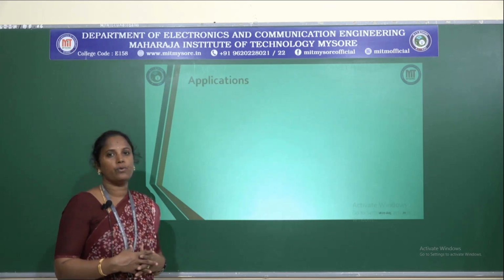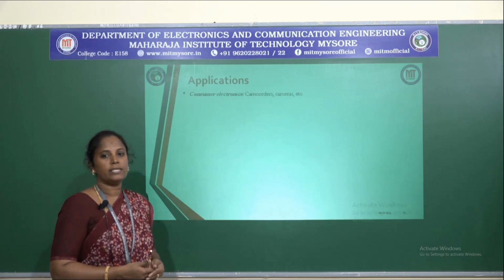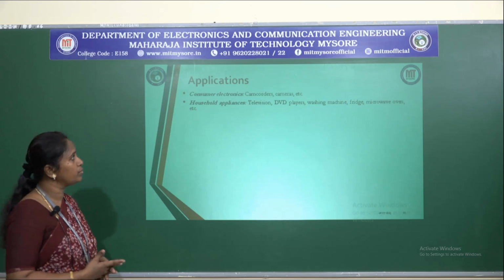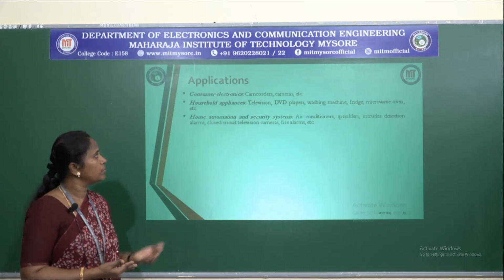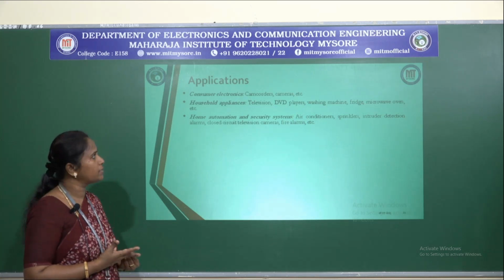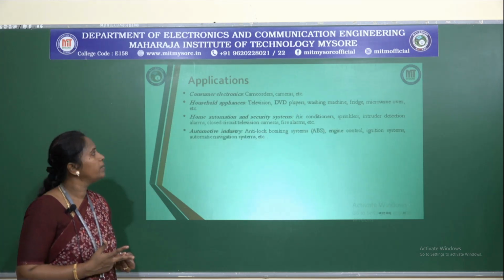So these are the 4 different classifications of embedded systems. Next are the main application areas where we use embedded systems. In consumer electronics, we have digital cameras and video recorders, that is, camcorders.